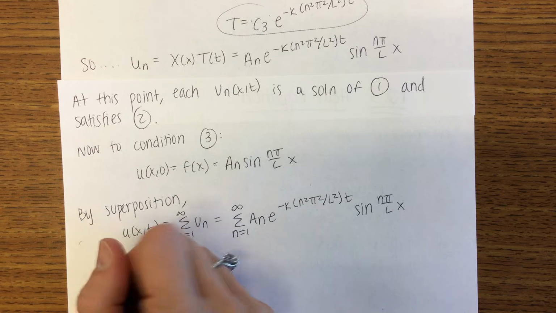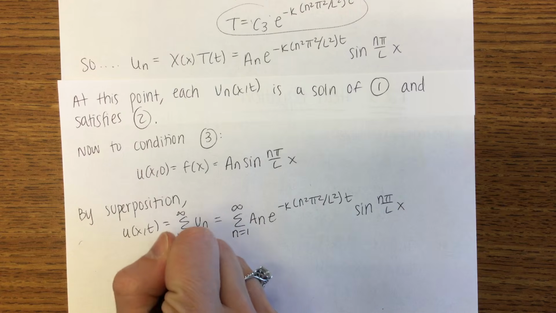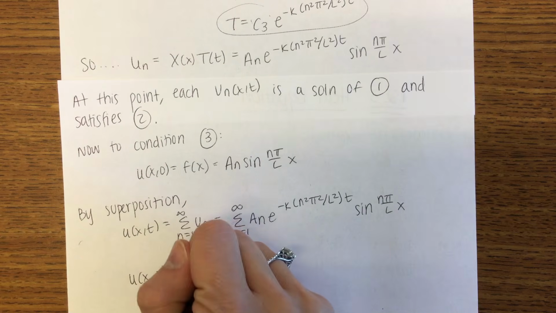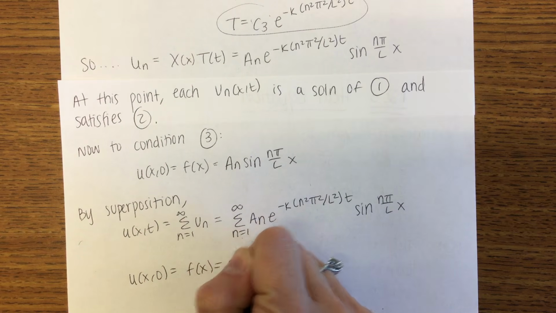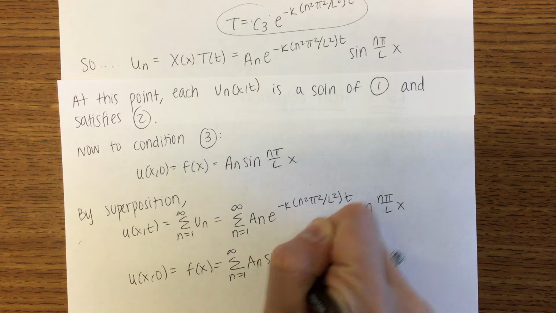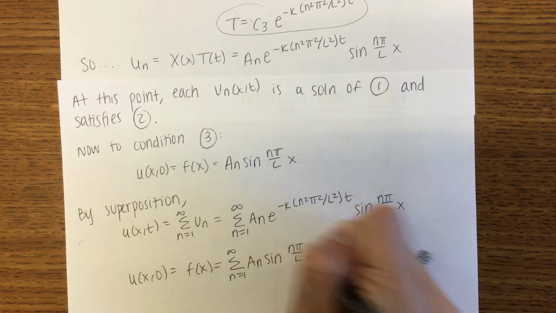How that helps us is if we look at u of x,0 now in a similar manner, by changing n from 1 to infinity, we get that f of x to be the sum from n equals 1 to infinity of a n sine of n pi over L x.